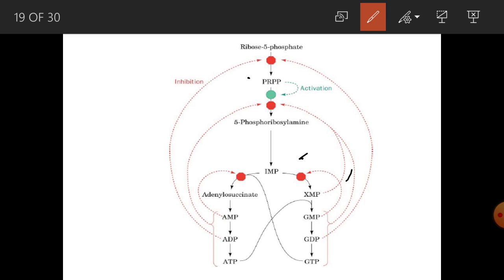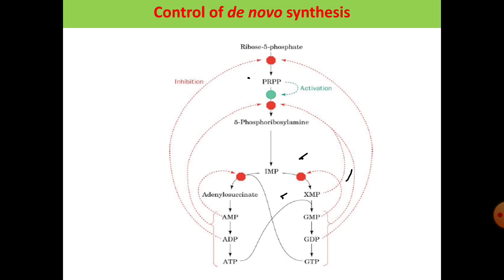So, GTP is cross regulating AMP synthesis, ATP is activating GTP synthesis. So, all these are the different ways how purine synthesis is kept under check.